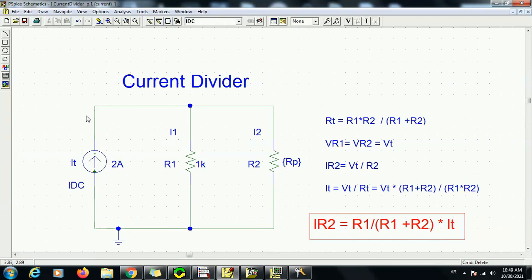This will give us a current that is also variable, not fixed like this one. For this tutorial, this sums up what we wanted to explain about the current divider, and the approach is very similar to what we explained in the voltage divider.